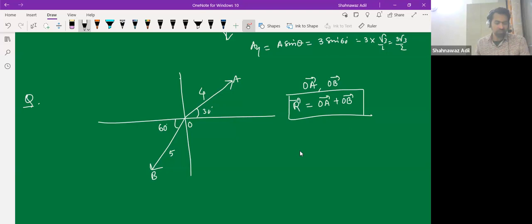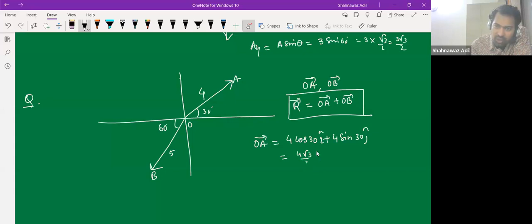Then what we can do is write this OA vector in the Cartesian form. That would be 4 cos 30 i hat plus 4 sine 30 j hat. So this is 4 root 3 by 2 i hat plus 4 by 2 j hat, so this is 2 root 3 i hat plus 2 j hat. Similarly, OB would be how much?